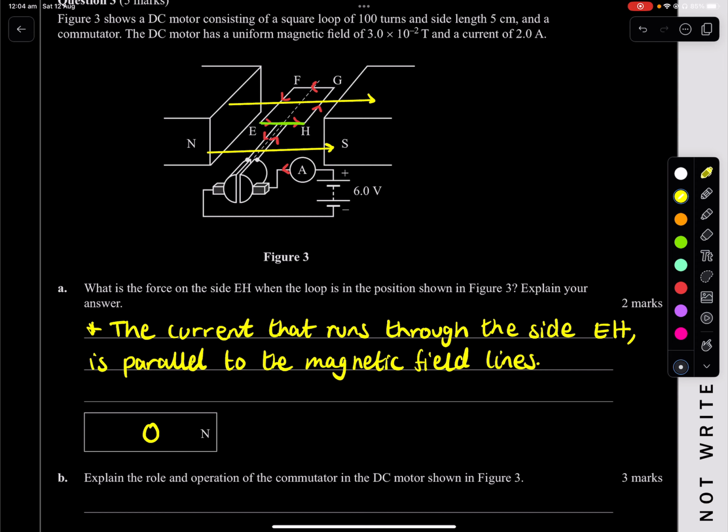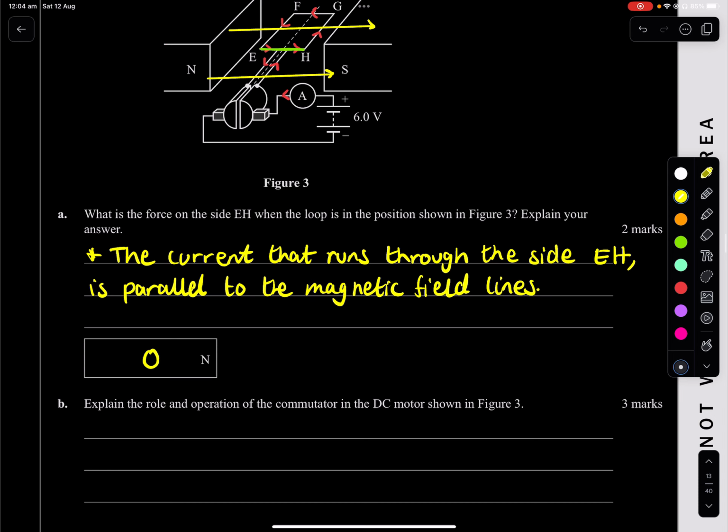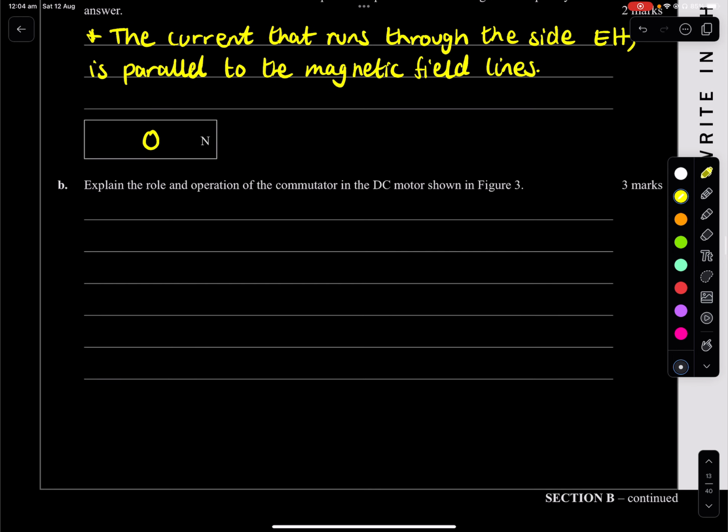And that's it, yeah. So one mark for the answer, and an explanation. The current that runs through the side line EH is parallel to the magnetic field line. Yeah, perfect. Explain the role and the operation of a commutator in a DC motor shown.